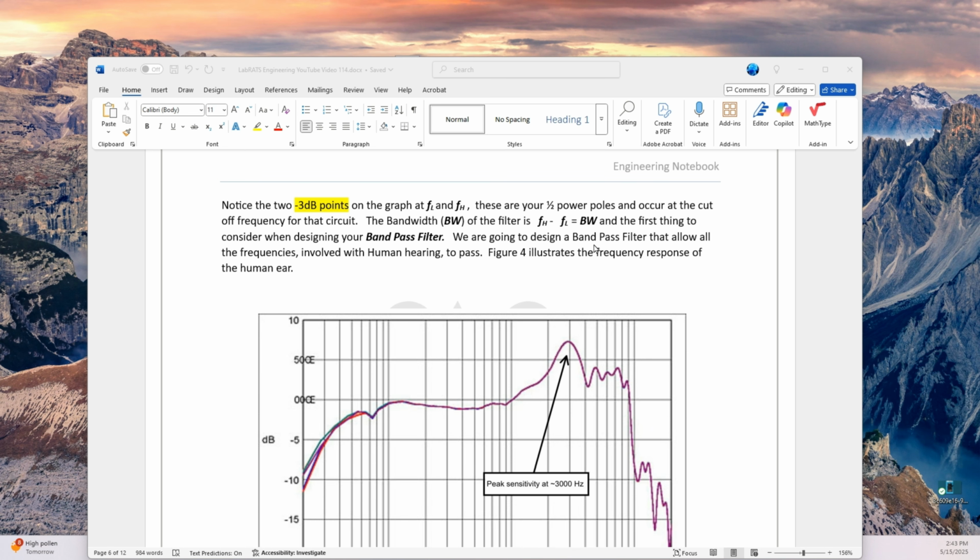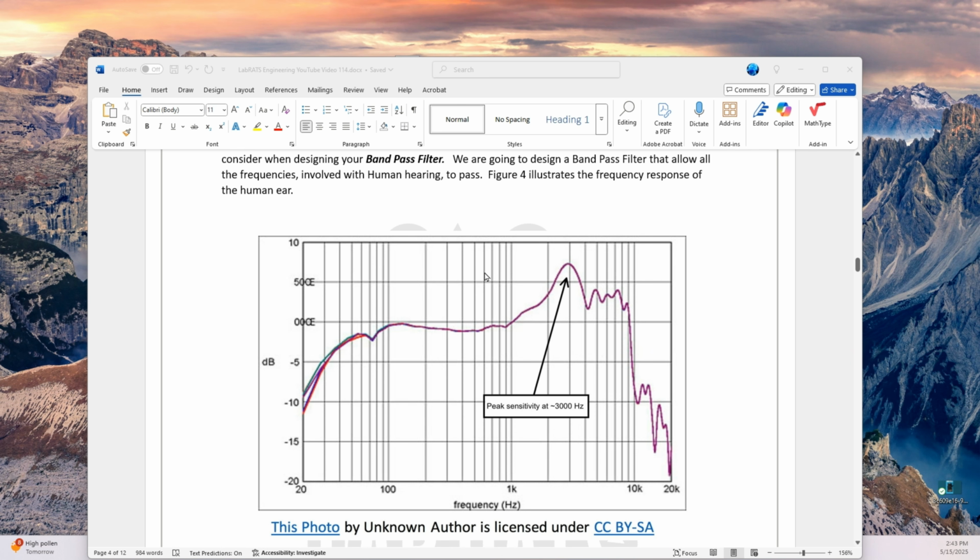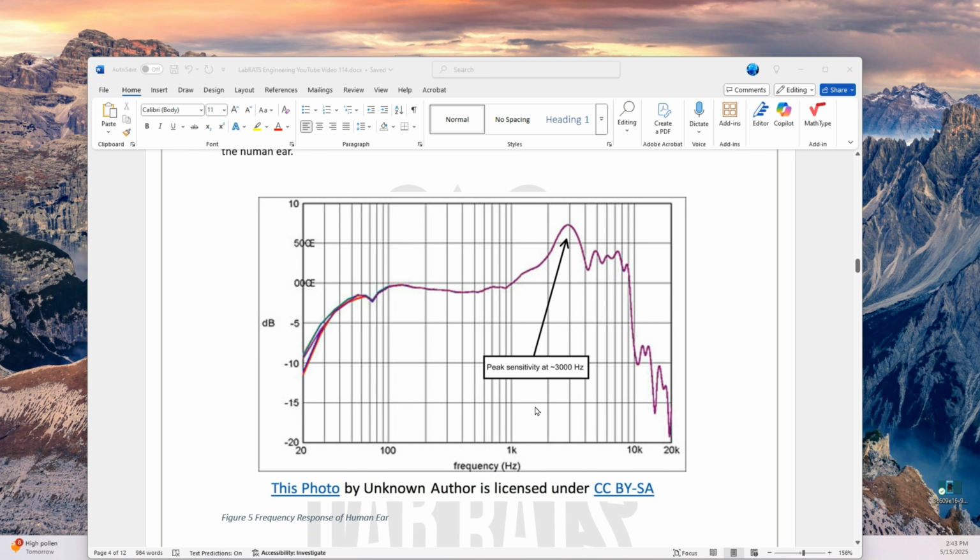We are going to design a bandpass filter that will allow all the frequencies involved in human hearing to pass. Figure 4 illustrates the frequency response of the human ear. And it's from 20 hertz to 20 kHz.